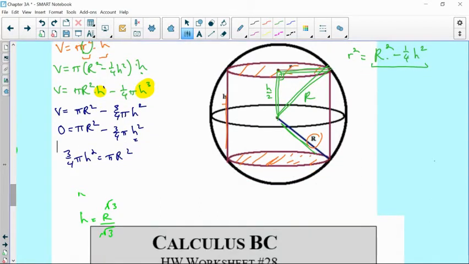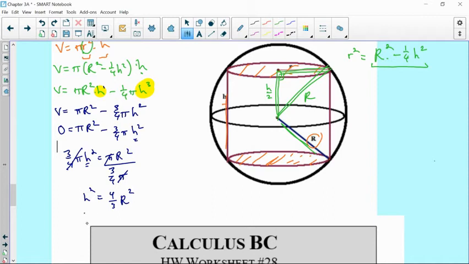We're trying to get h squared by itself. So we're going to divide by 3/4 pi. The pi's cancel, and the 4/3 flips over. So h squared is equal to 4/3 R squared.